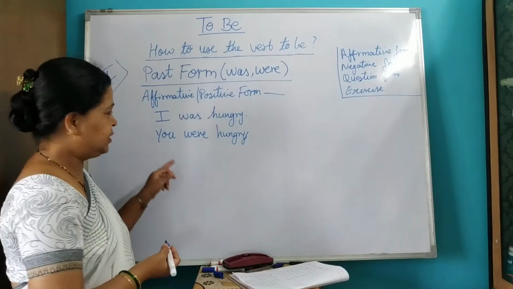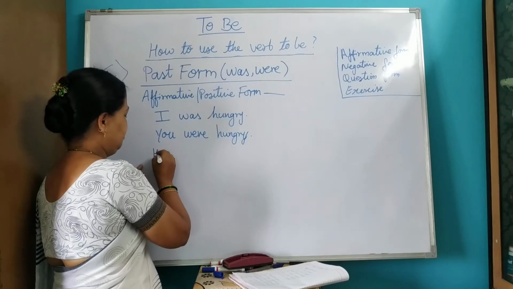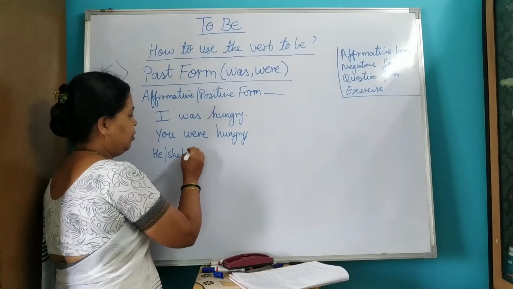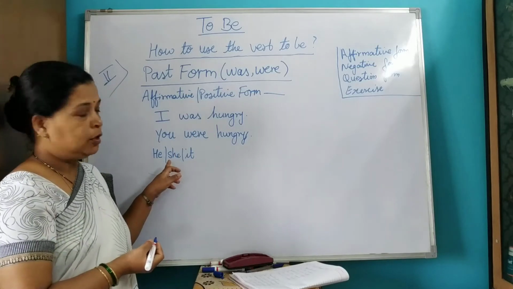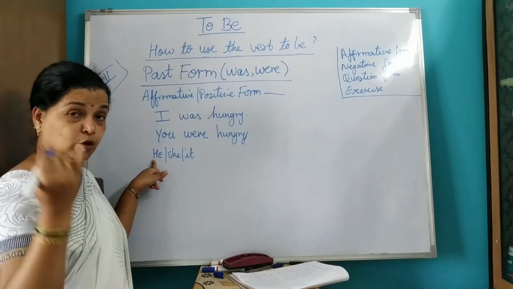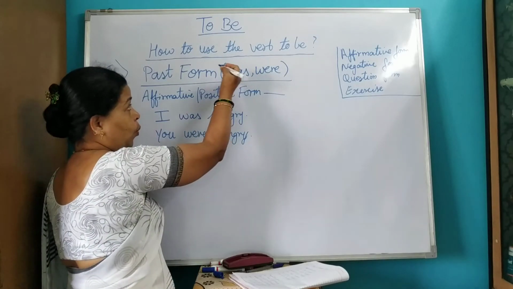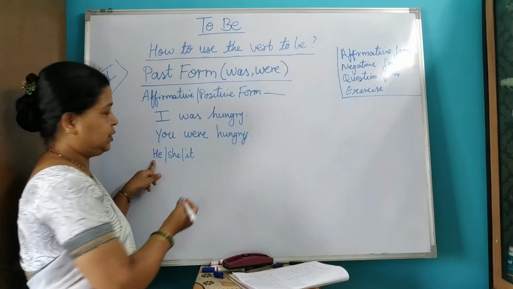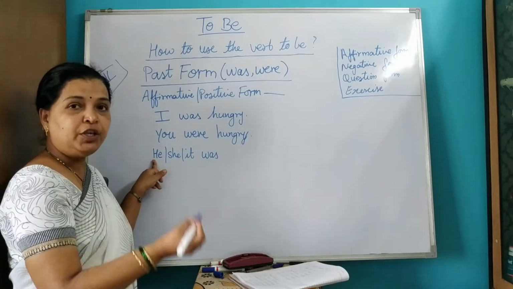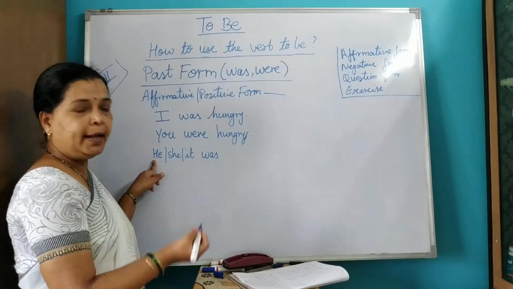Then third person, he, she, or it. So, what do we use? Third person singular. So, singular was. So, he was hungry, she was hungry, or it was hungry.